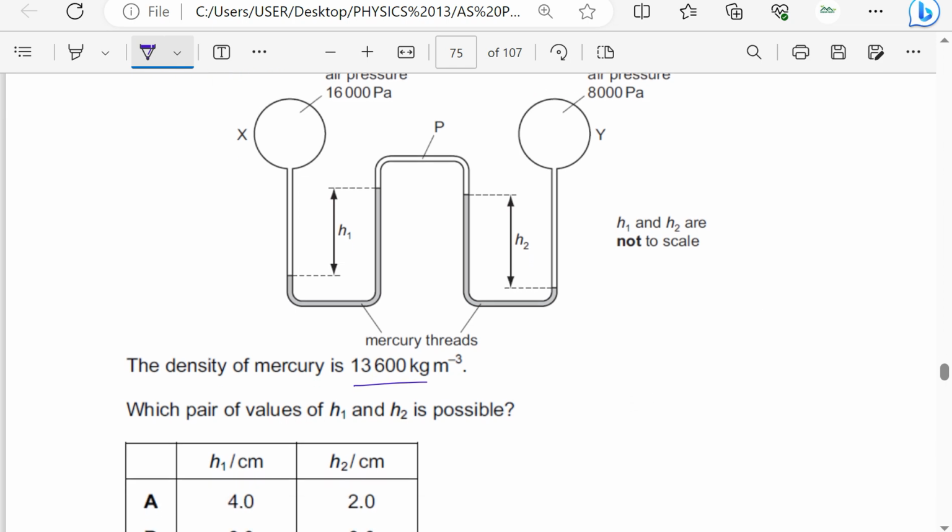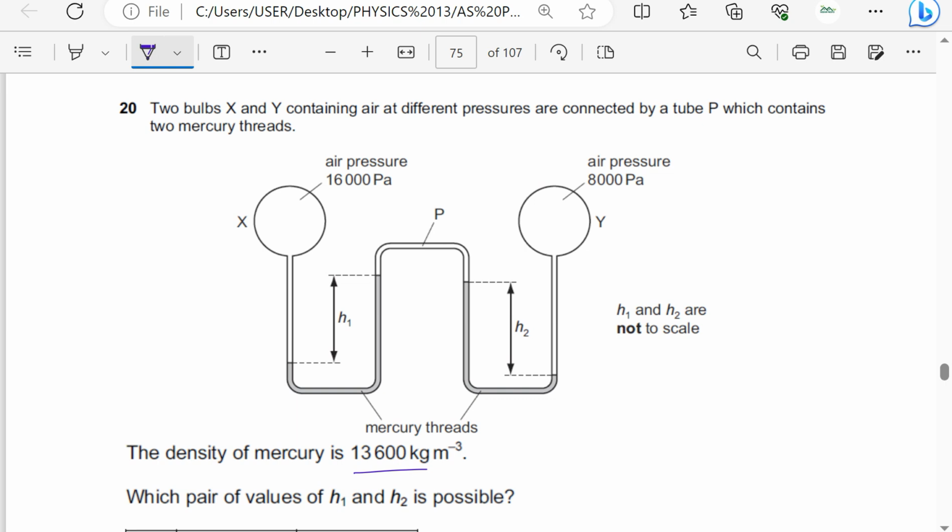Okay. So number one, we know that the difference in pressure depends on the difference in height, H times density times g.